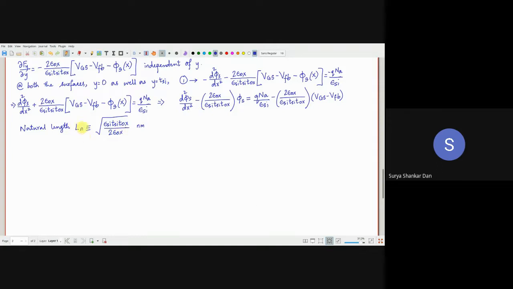So defining this natural length ln as this, how can we write this equation? d2 phi s dx square minus phi s by ln square is equal to q na by epsilon si minus vgs minus vfb whole divided by ln square.